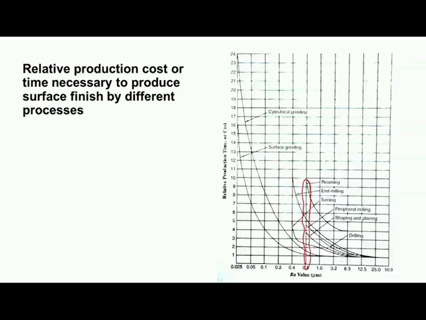Since grinding machines are basically meant for finishing operations, it is better to use cylindrical grinding or surface grinding whenever we require very fine surfaces. Whereas if we require finishes finer than 0.4 micrometer Ra, then naturally we have to go for grinding operations.